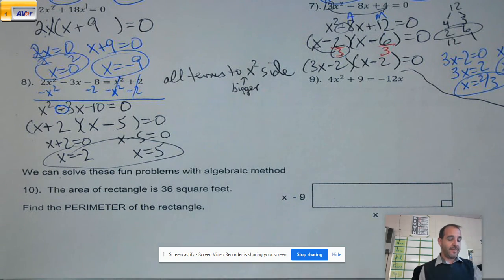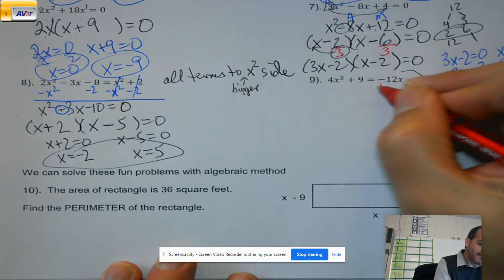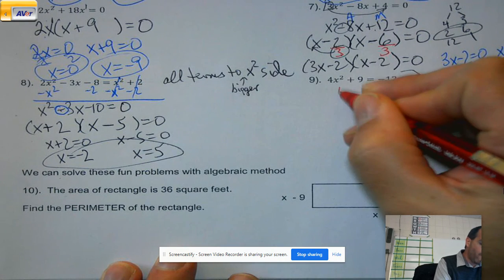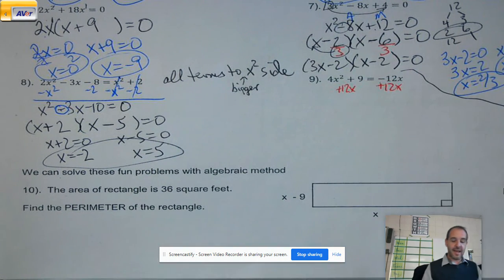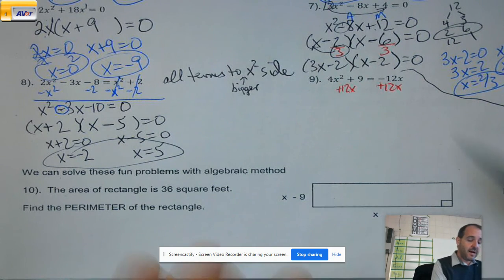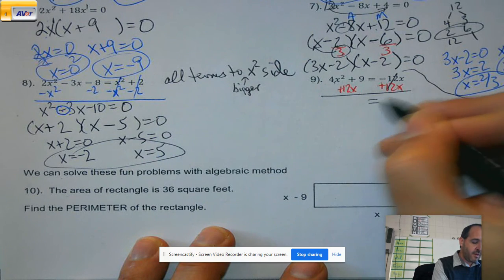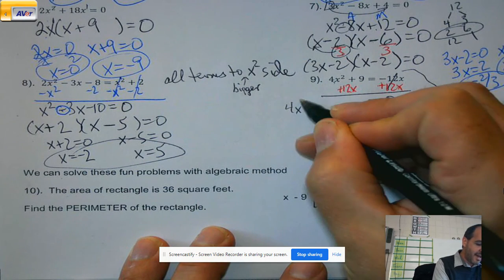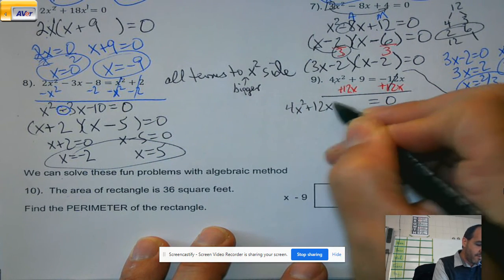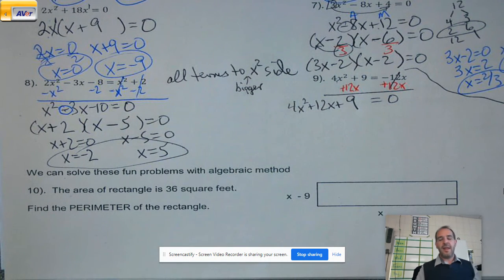So finally on number 9, there's my x squared side. So anything that's not on the x squared side needs to come over. Again, I don't have anything technically to add this 12x to, because this is x squared and that's just a constant. So we just got to kind of tuck that in the middle here. Now here, it depends.